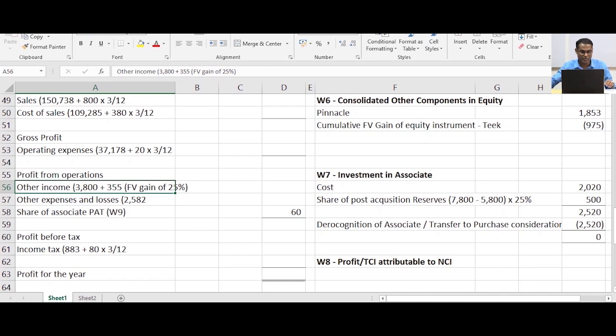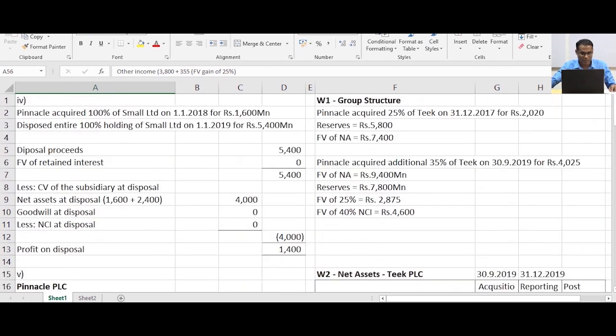That is the difference between the sales proceeds and the initial investment. What are the sales proceeds? 5,400. And what is the initial investment in the individual financial statements of Pinnacle? Investment in Small, 1,600. So what is the difference between 5,400 and 1,600? 3,800.